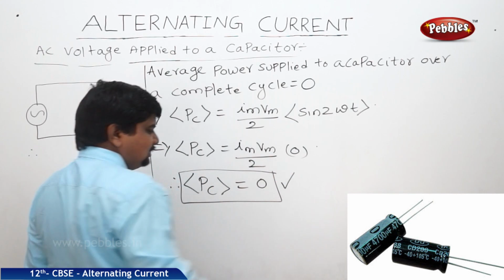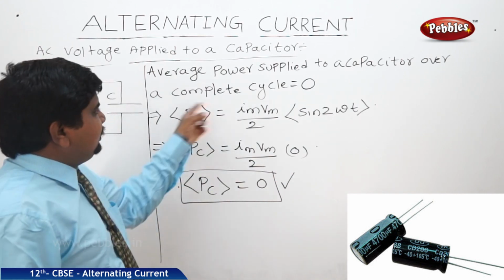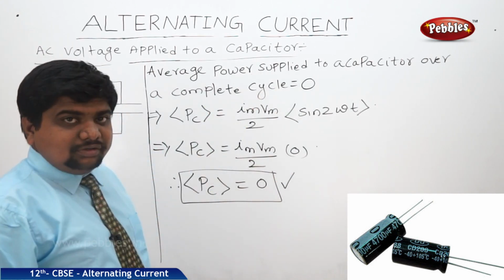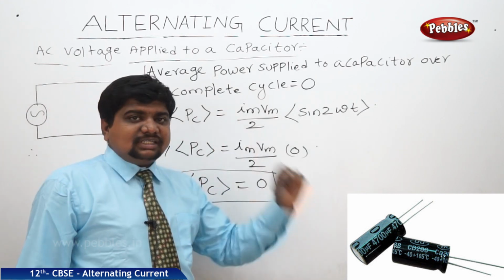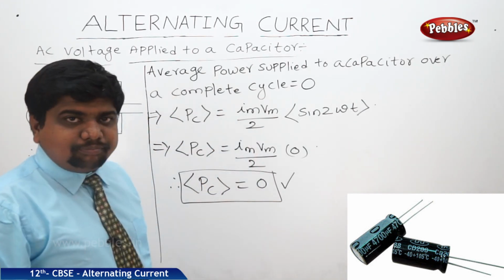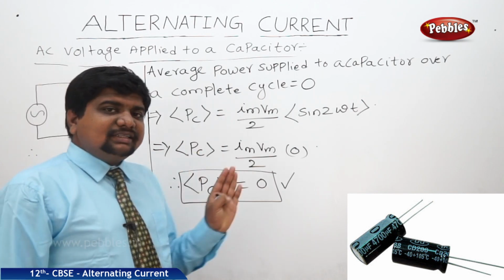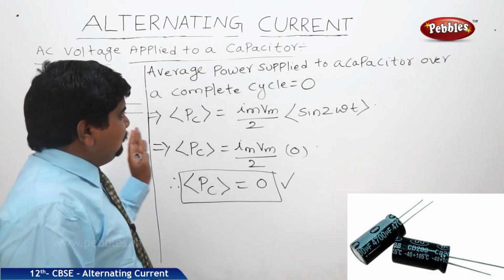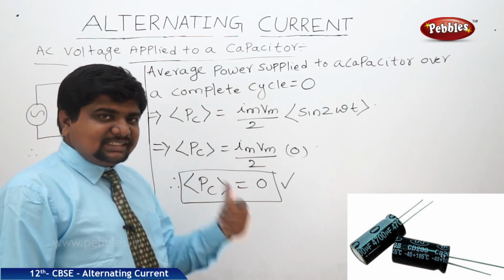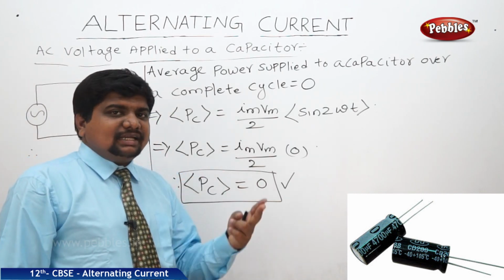In an inductor it is 0, in a capacitor it is 0, but in the case of resistors it is not 0. It has some particular positive magnitude. These are all the related things and the phasor diagrams of the resistors, capacitors and inductor.